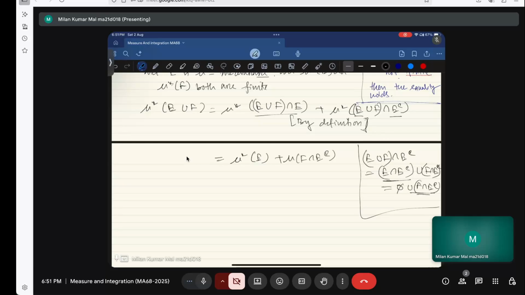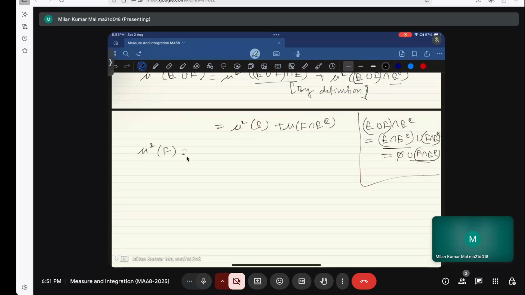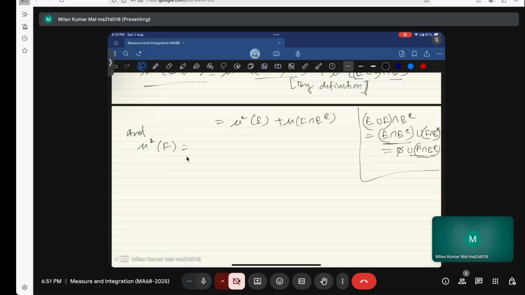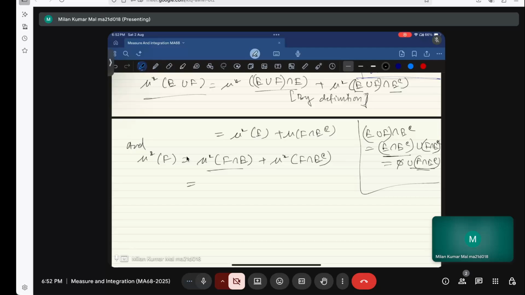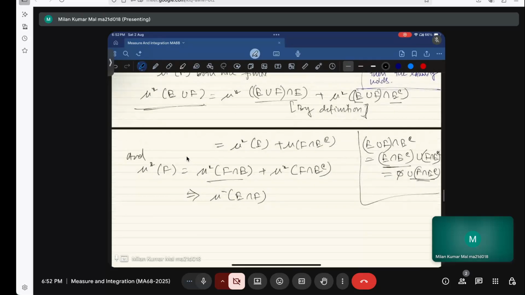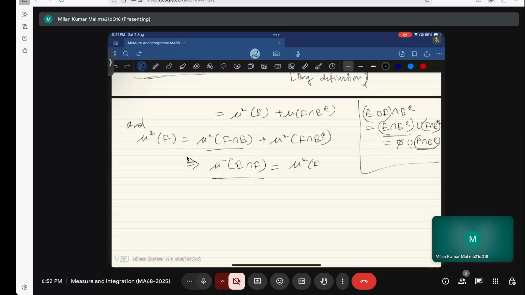Now also recall that here we have obtained mu star of E union F by the definition of the measurability of E. So here we will obtain mu star of F using the definition of measurability of E. That means mu star of F intersection E plus mu star of F intersection E complement. We want to obtain the mu star of E intersection F, which is equal to mu star F minus mu star of F intersection E complement.